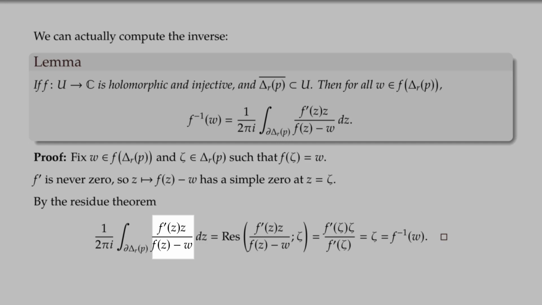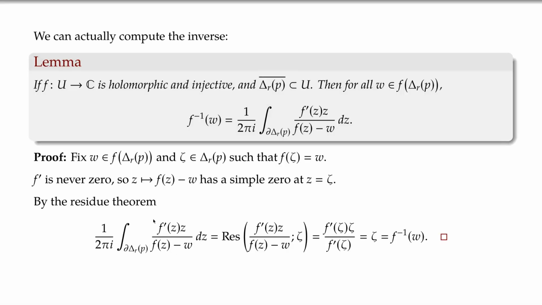F is injective, so it can only have a 0 at zeta, and we know that it's a simple 0 because f prime is never 0. So therefore, this is a meromorphic function with a single pole, and it's a simple pole, and that's what the residue theorem is made for, to compute these sorts of integrals.